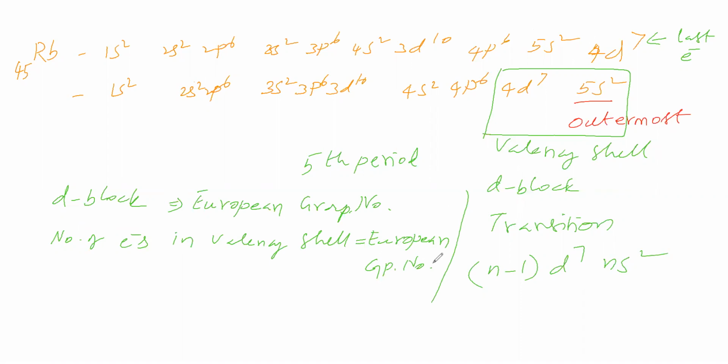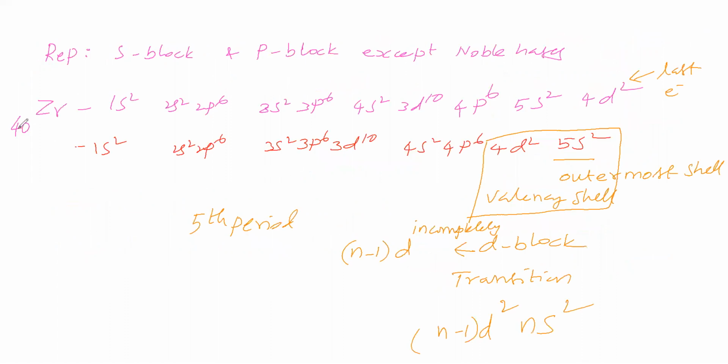Okay, the number of electrons in the valence shell is equal to the European group number. For representative elements we have given A for the European group; for d block elements we have to give B. Now we have taken zirconium, which is a d block element.